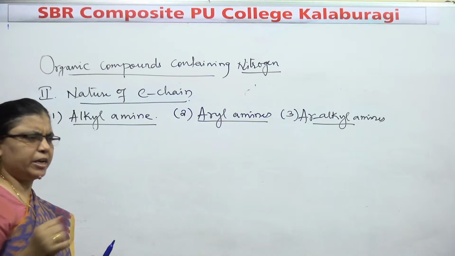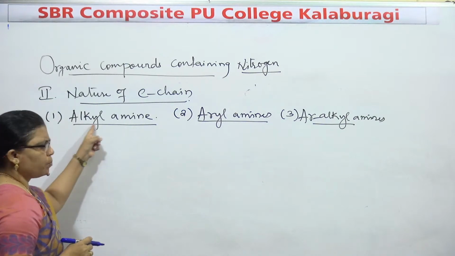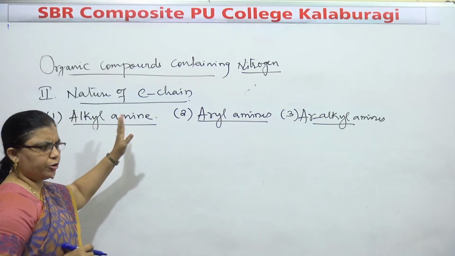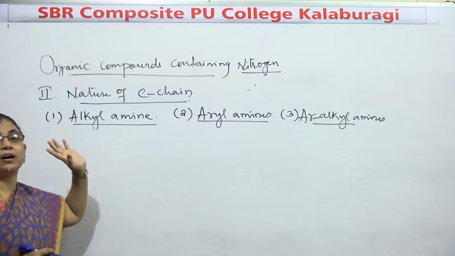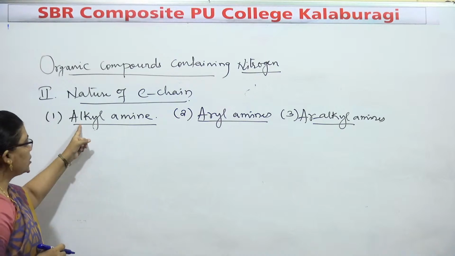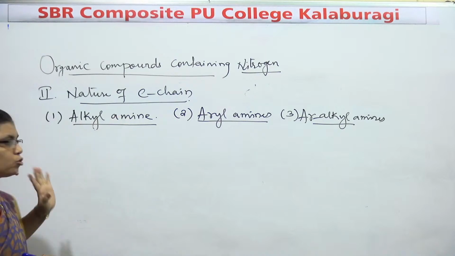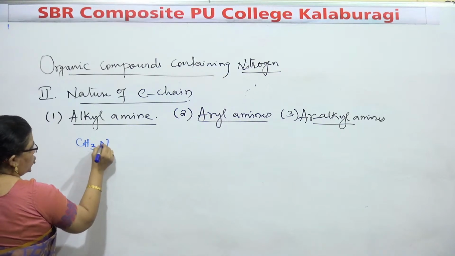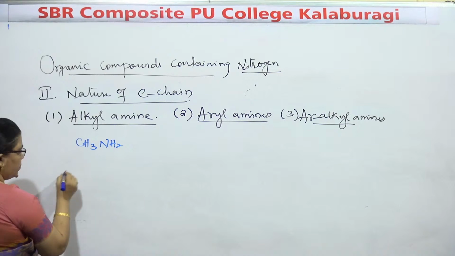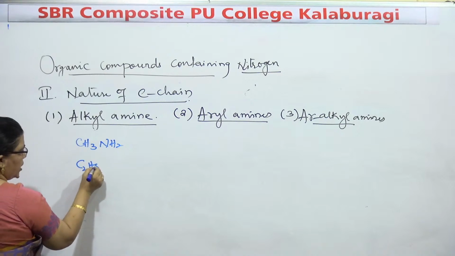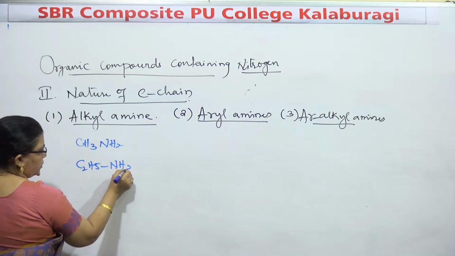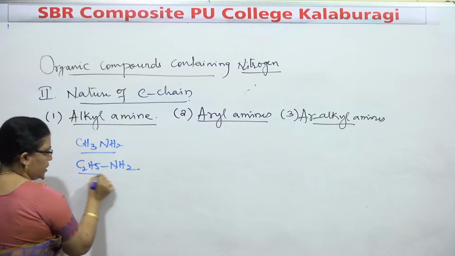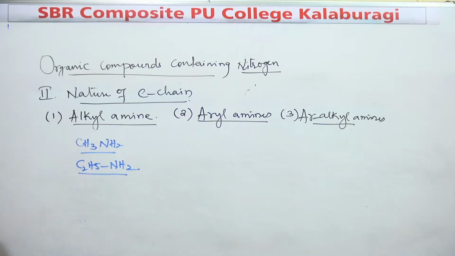Name itself indicates that when alkyl group is directly linked to nitrogen, they are called as alkylamine. For example, CH3NH2, C2H5NH2. Methylamine, ethylamine.